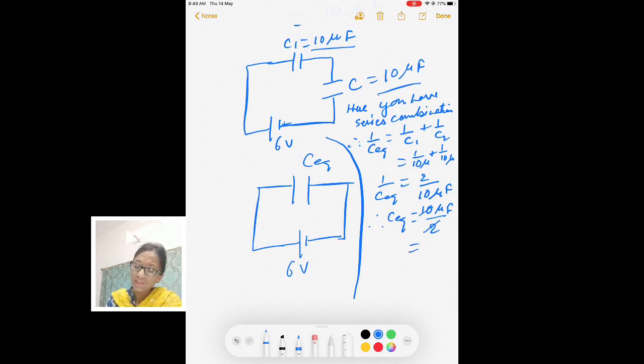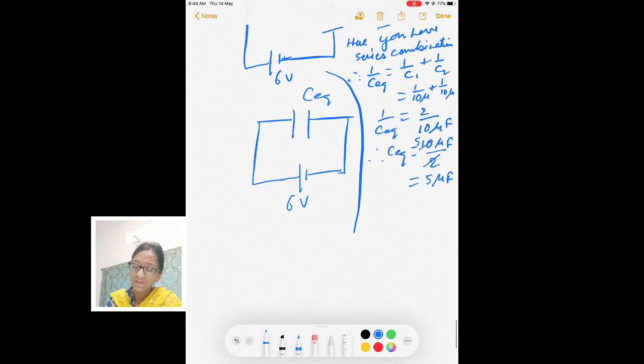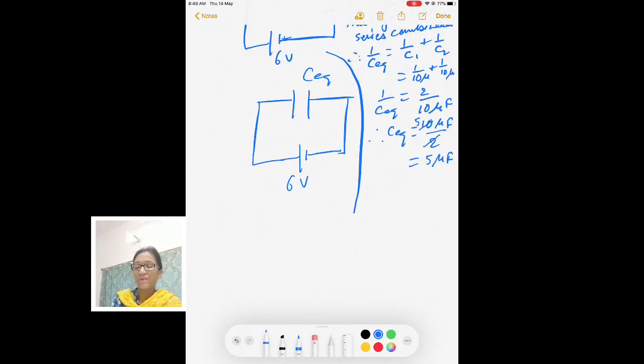So this becomes 5 microfarad. So you have 5 microfarad.